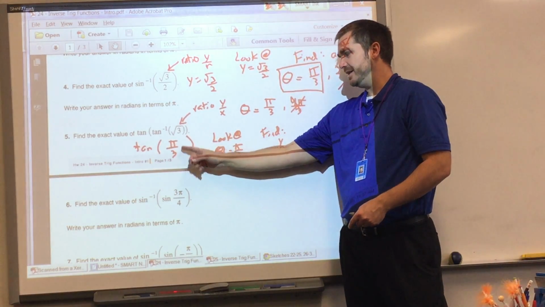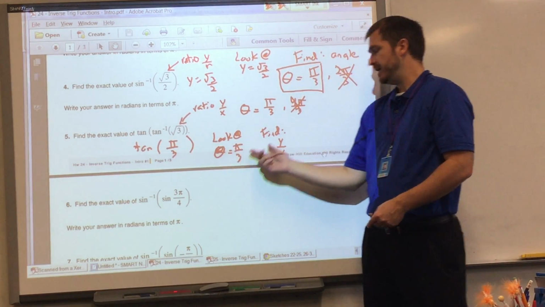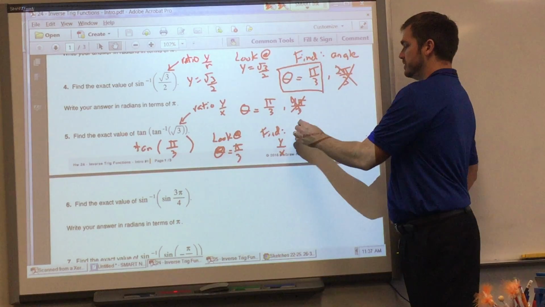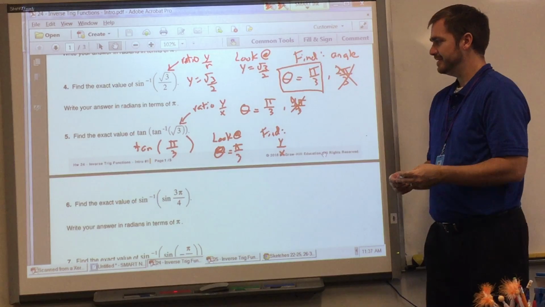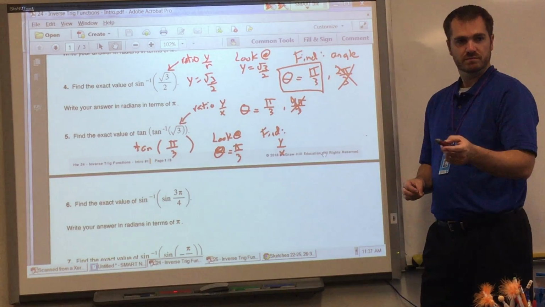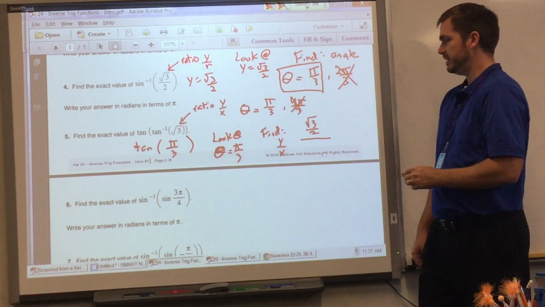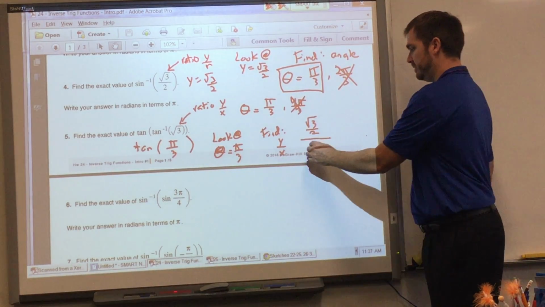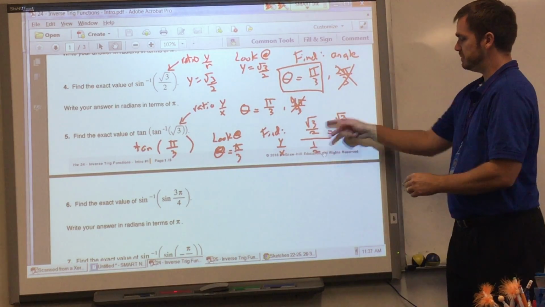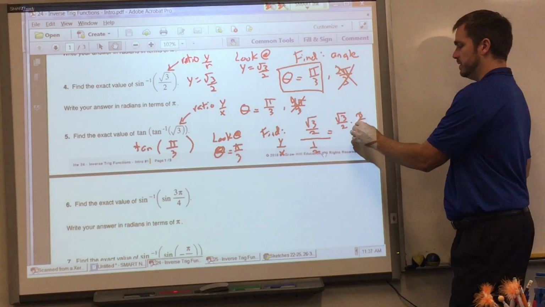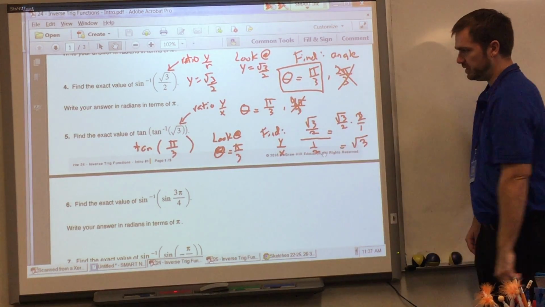So tangent of pi over 3 means look at the angle pi over 3 and find the y over the x value. The y value is root 3 over 2. And what's the x value? 1/2. So that's equal to root 3 over 2 times the reciprocal, 2 over 1, which equals root 3.